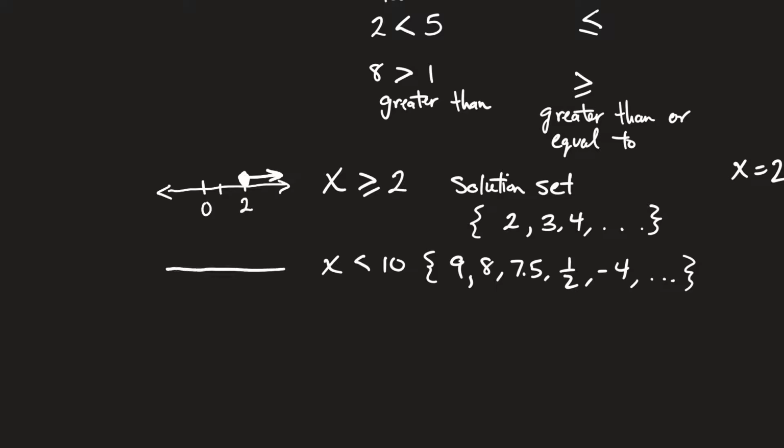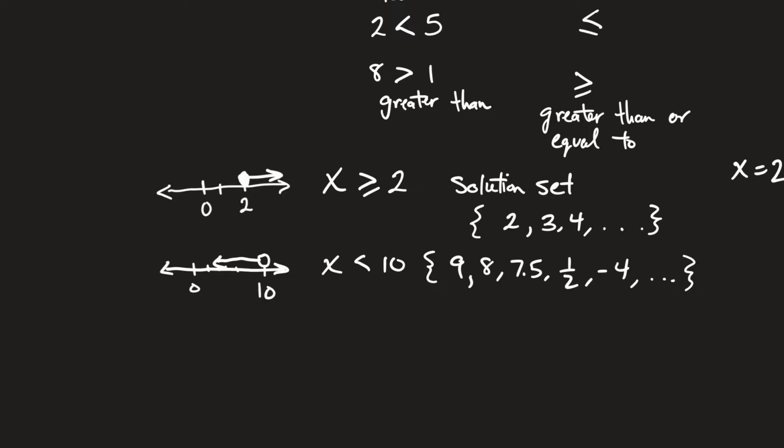We can graph this one too. I have 0, and then somewhere over here I'll have 10. I'm talking about the numbers less than 10. That's called an open dot because I'm not including 10 in my solution set. The numbers less than 10 go in this direction because the numbers get smaller going to the left. And that's how that pretty much works.